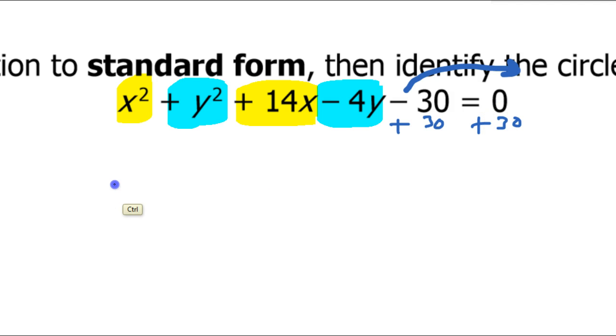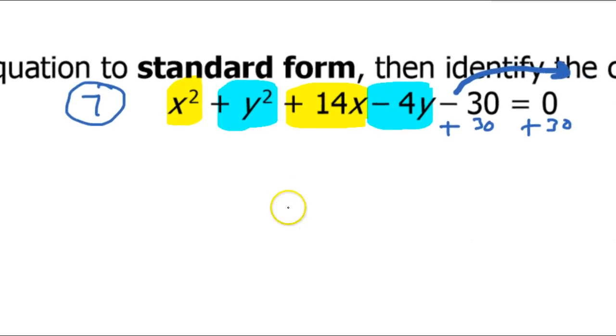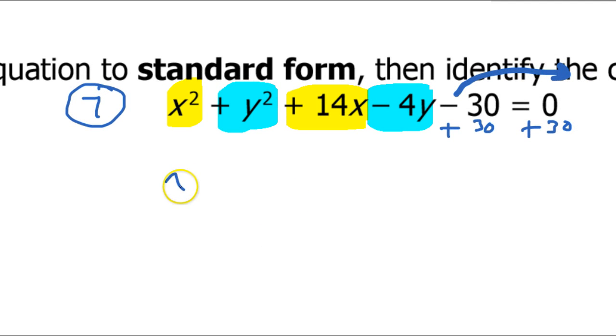So when I rewrite this, I'm going to have, let's see, this is problem number 7. So I'm going to have x squared plus 14x. So right now, I've got my squared term and I've got my x term.